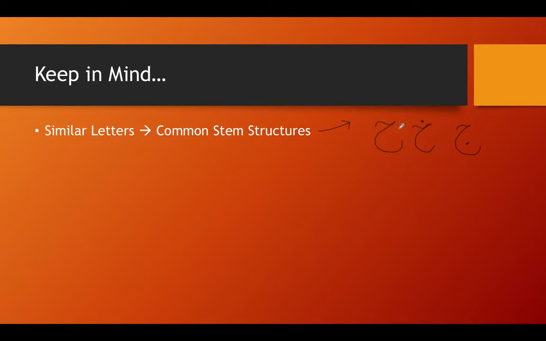So looking at these three letters here, notice that this letter here is in every other letter over here, or all these letters share this common structure here, right? So therefore this is the common stem structure or the parent structure.